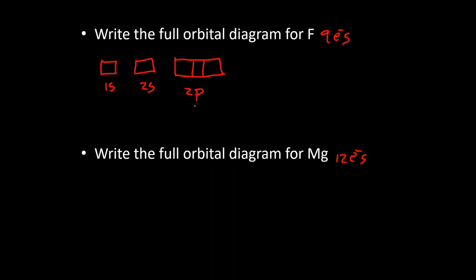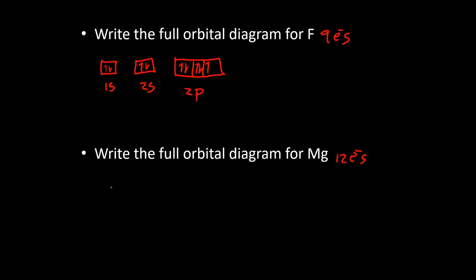That should be enough. We have 9 electrons to put in there, so 1, 2, 3, 4, 5, 6, 7, 8, 9. That is the orbital diagram for fluorine, and we have 1 unpaired electron in fluorine.